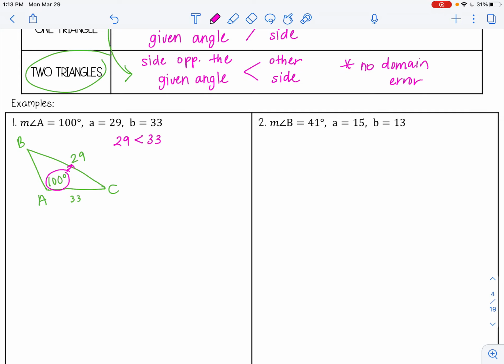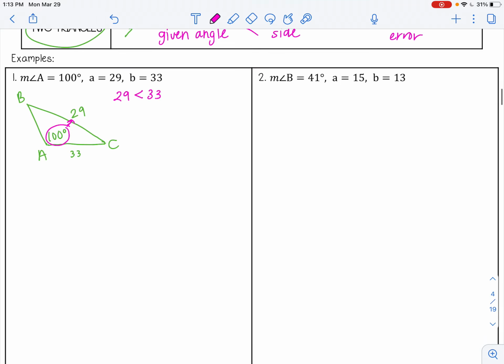So to determine that, you're going to set up the law of sines. So 29 over the sine of 100 equals 33 over the sine of B, angle B. And I'm going to try to solve for angle B. And remember, you're looking for domain error or no domain error. So I'm going to cross multiply here.